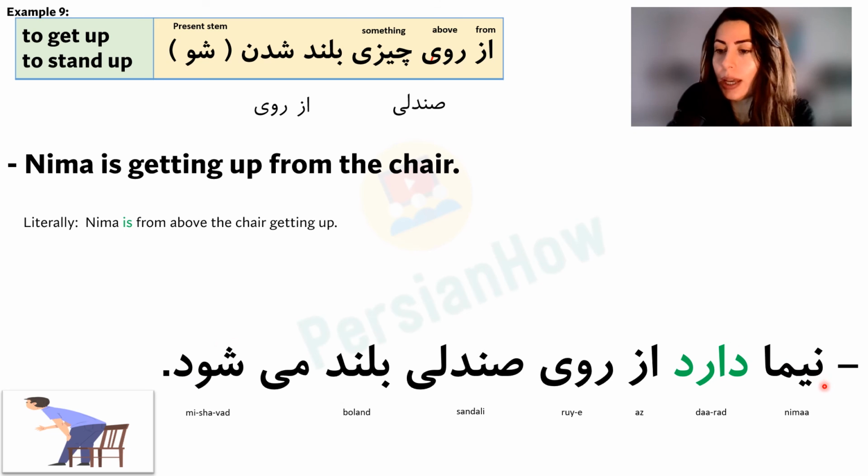One more time. نیما دارد از روی صندلی بلند می شود. Let's go over to the informal because I think the rest is pretty clear. دارد is داره, and می شود, again, has a drastic change. می شود becomes میشه. So this sentence informally is نیما داره از روی صندلی بلند میشه.